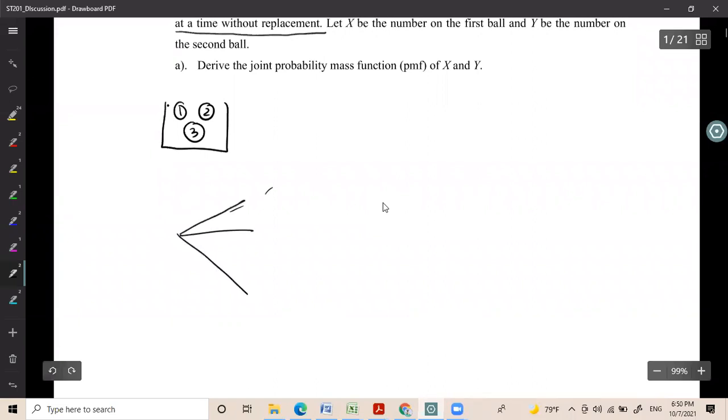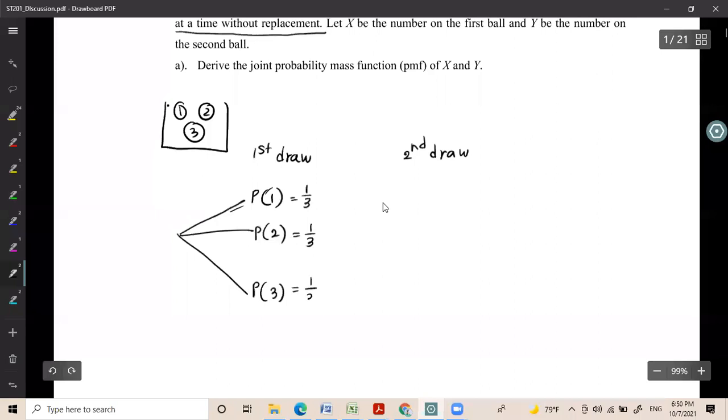Okay, so this is the first draw, and then you have the second draw. For the first draw, it can be ball 1, 2, or 3, and since all of them have the same chance, it will be 1/3. What about the second one?